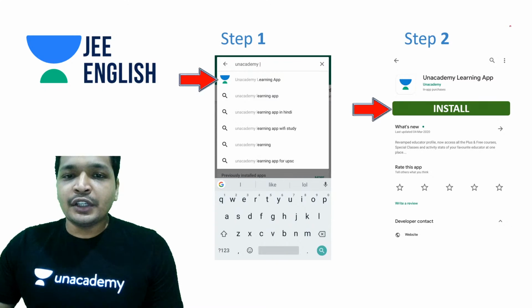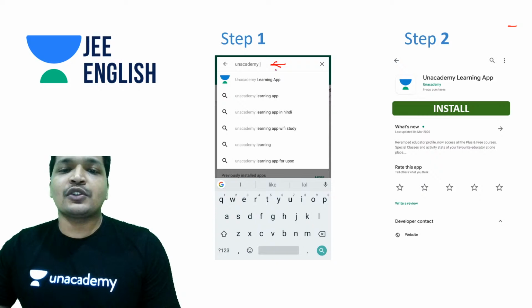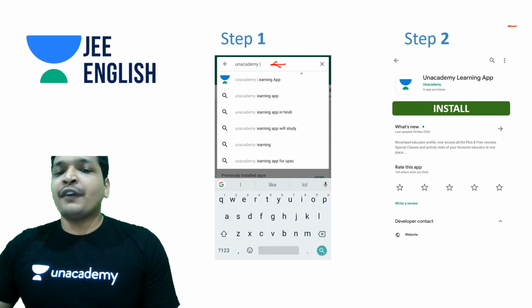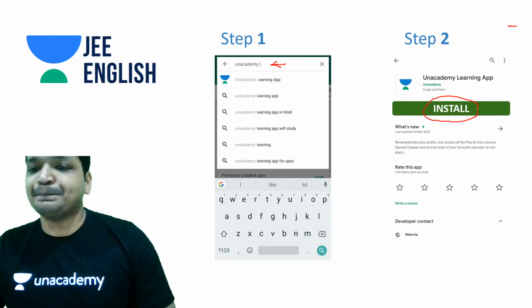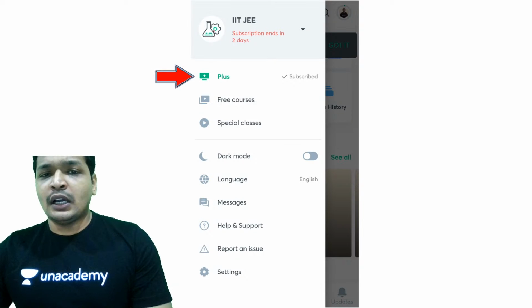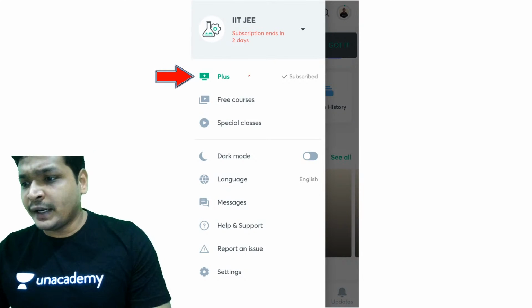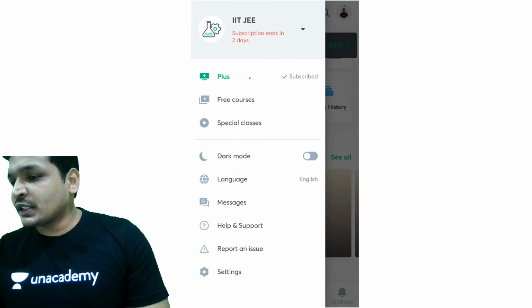So first of all, you need to download the Unacademy Learning app. You'll download that from your Google Play Store or App Store by typing in Unacademy, and the first search result is anyway going to be the Unacademy Learning app, and then you'll click on the install button. And post that, guys, once you click onto the extension, you'll find hi Rupesh, hi. You can get on to the quiz, guys.